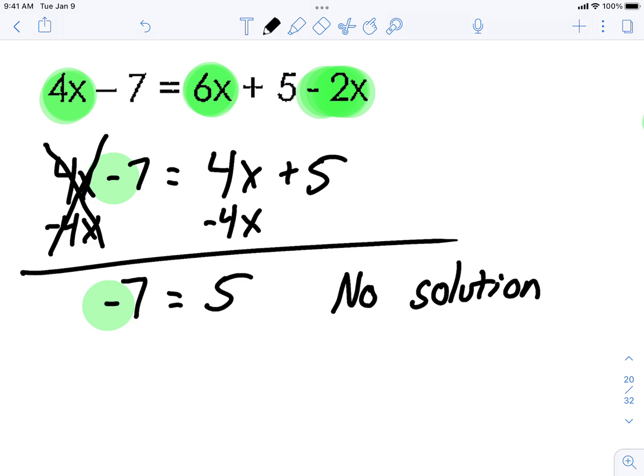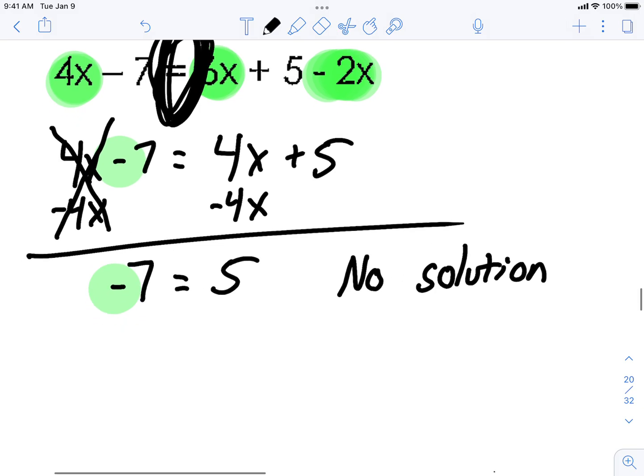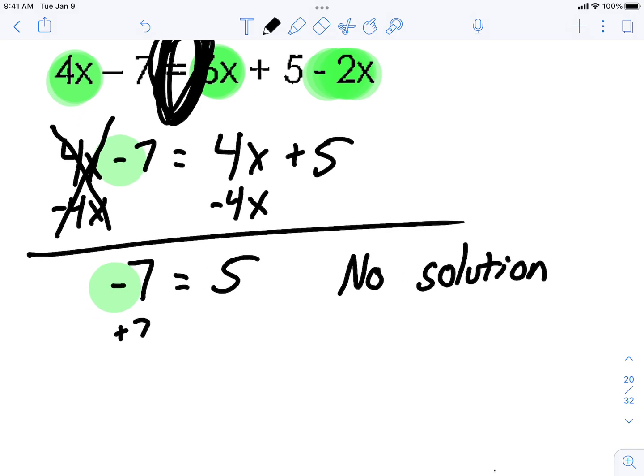There is no number for x that will make this equal. You could keep going here if you wanted to, and, for example, add 7 on both sides. But notice you still get a statement 0 equals 12. That's not true. That's no solution.